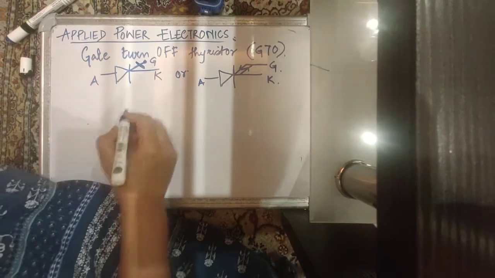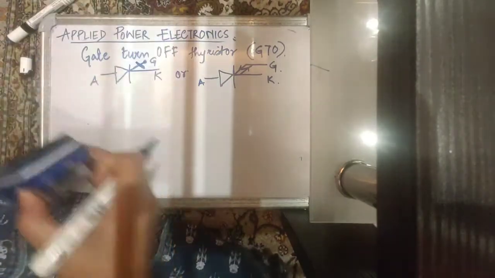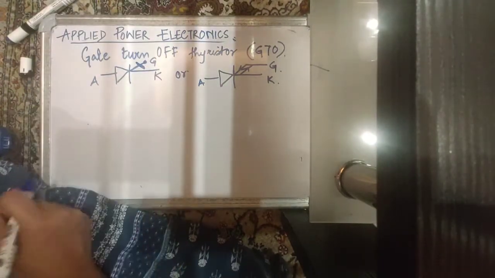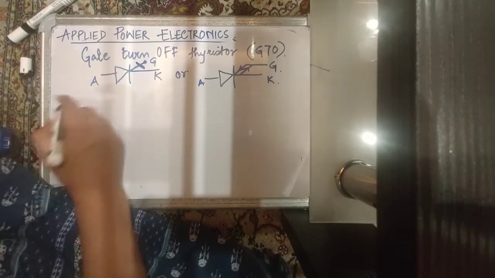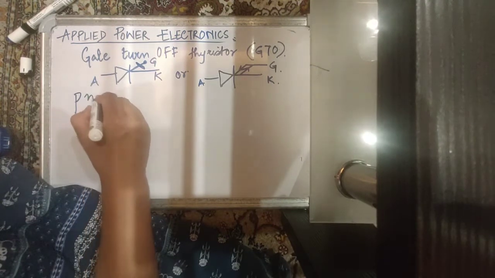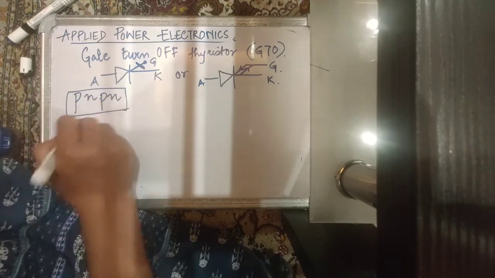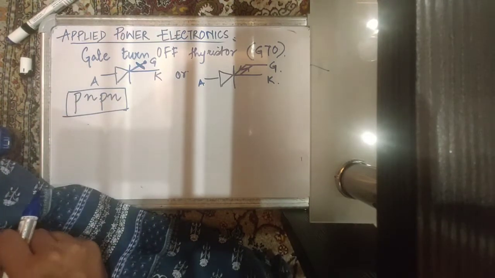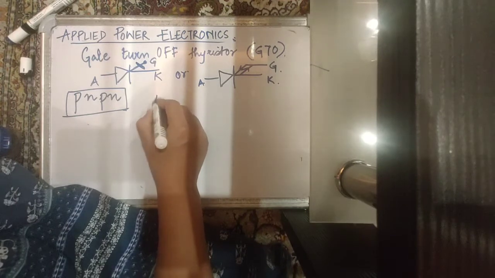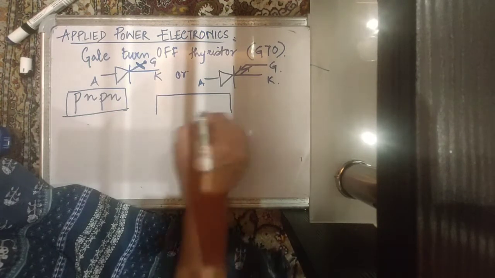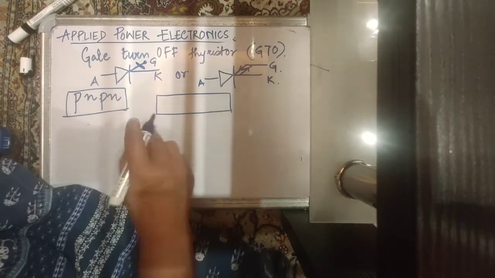A GTO resembles a thyristor in its construction, because it is essentially a thyristor. So it again has four layers, PNPN, again represented by the two transistor model. You basically have a P region which forms the anode of the circuit.